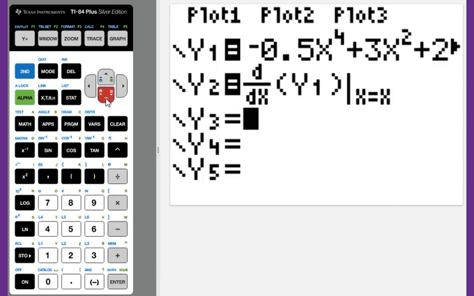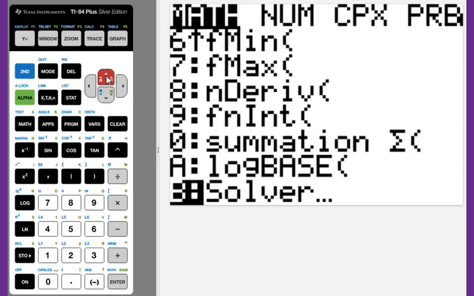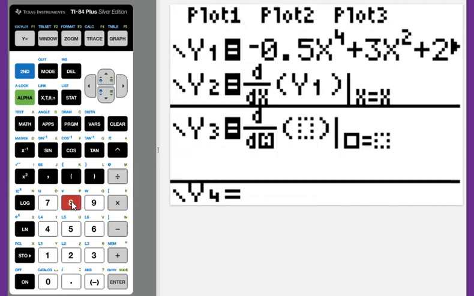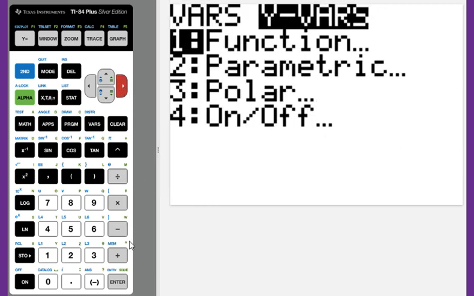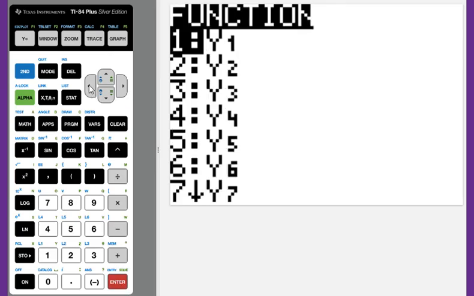We want to get the second derivative of y1. Therefore, we do math, find the derivative, that's 8 again. Here's x, but this time we need to put y2 because we do the derivative of y2. So variable, y variable, function. Then here's y2.